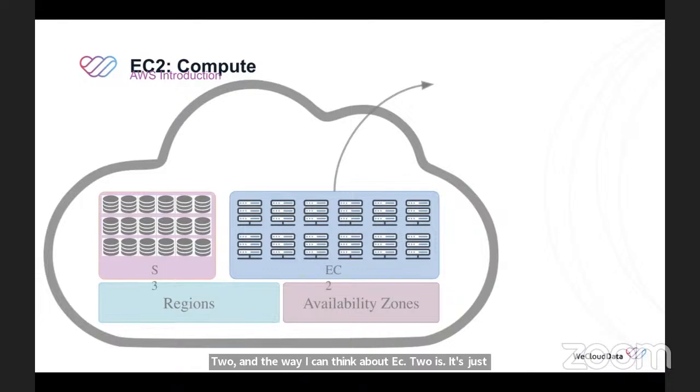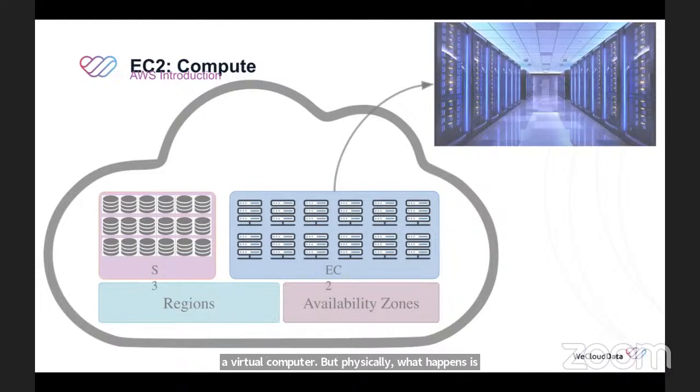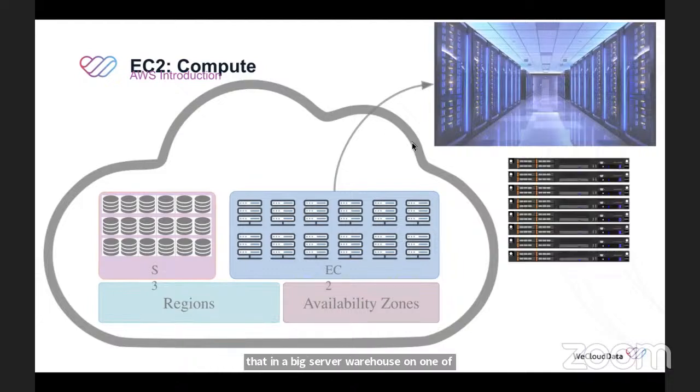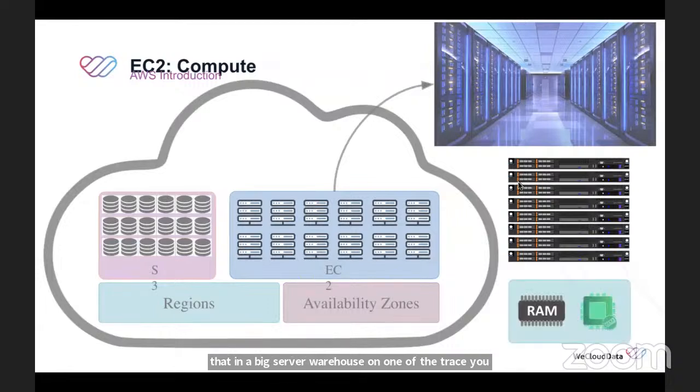But physically, what happens is that in a big server warehouse, on one of these trays, you are taking up a portion of one of the servers. This portion has RAM for memory and a processing speed, or a CPU. So when you are requesting an EC2, you are only requesting a very small bit from this big warehouse.